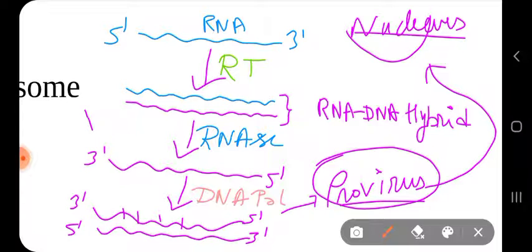So by artificially removing the gene which encodes the viral envelope, the retrovirus cannot enter the host cell.